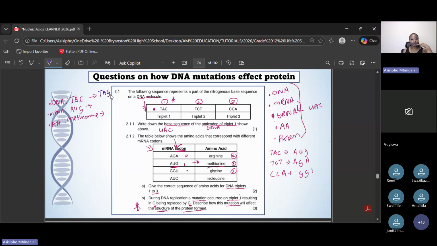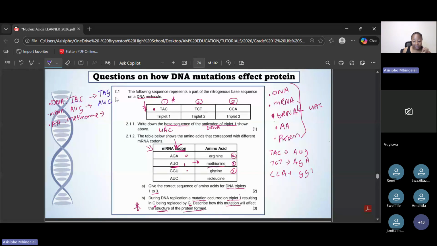I hope we're still following. So now in the DNA triplet, the change made sure that you are no longer having the C, you are having a new base. So what does that result in terms of messenger RNA codons? A is going to pair with T. We are forming our codons now, and A will be paired with U, and G will be paired with C.